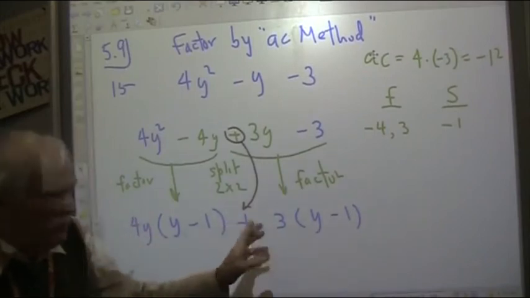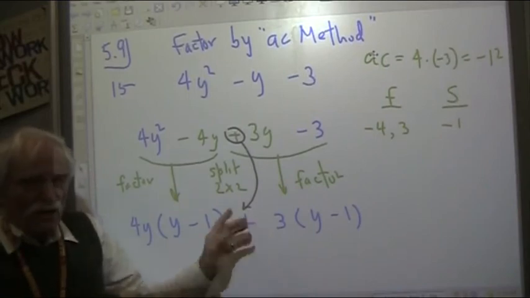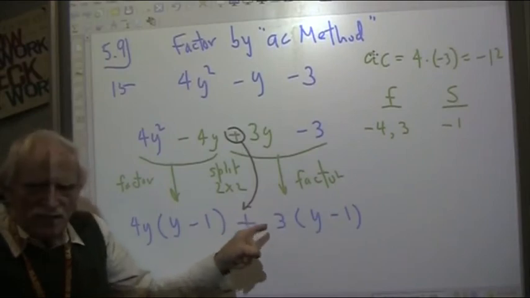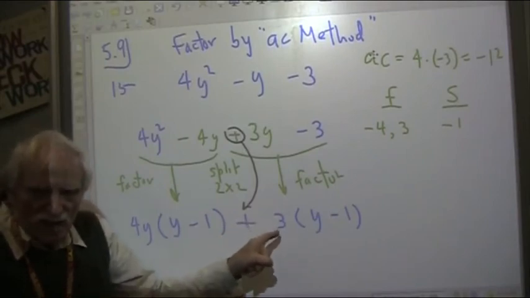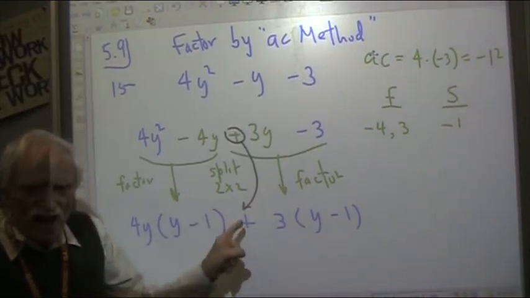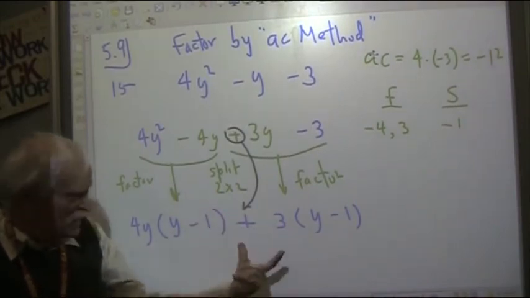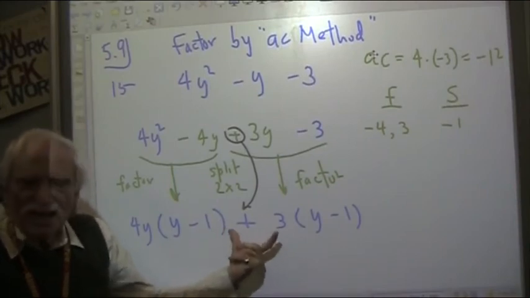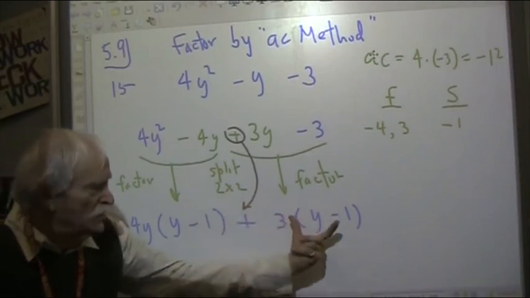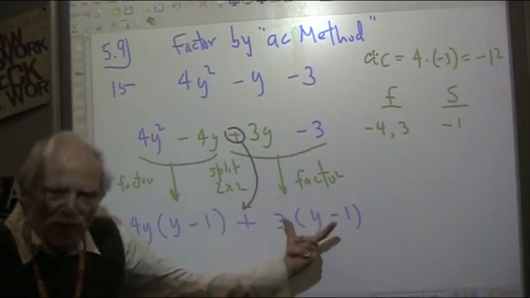All right. Now, guys, we have to check this factorization. But this number here includes the sign in front of it. So the plus 3 is now the quantity that has to multiply the quantity y minus 1.